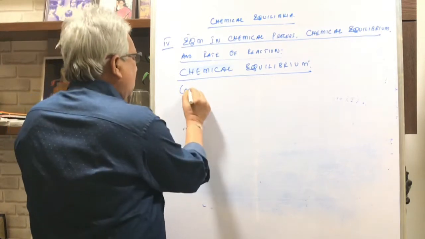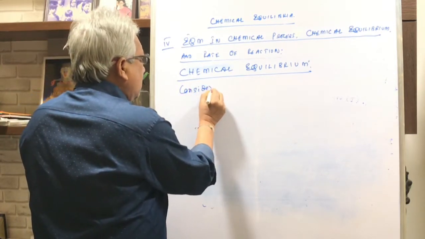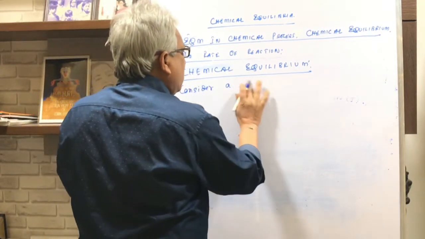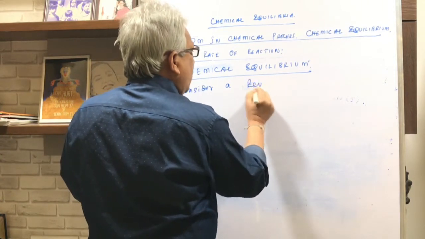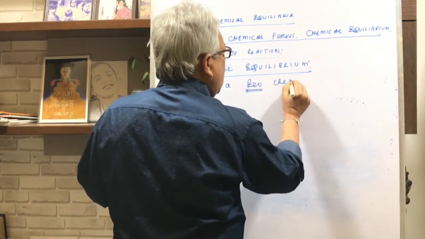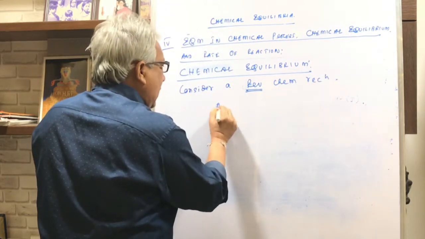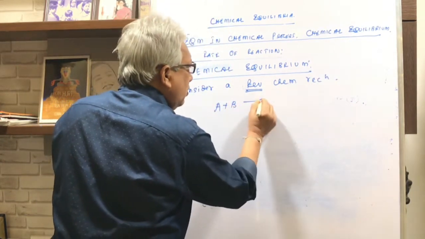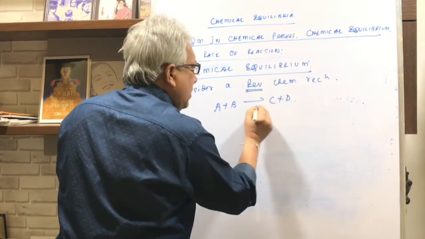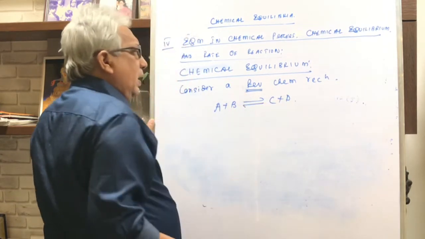So let us consider a reversible chemical reaction. Let's say in that reaction A and B are reacting to give me C and D, and C and D are giving back A and B.